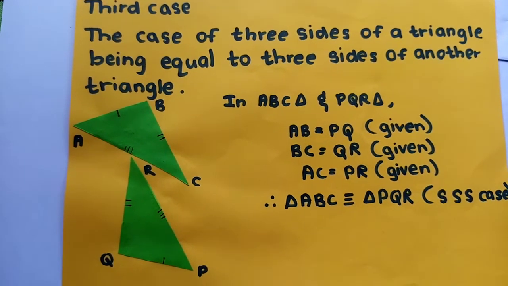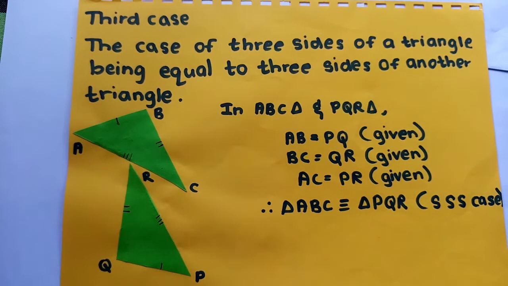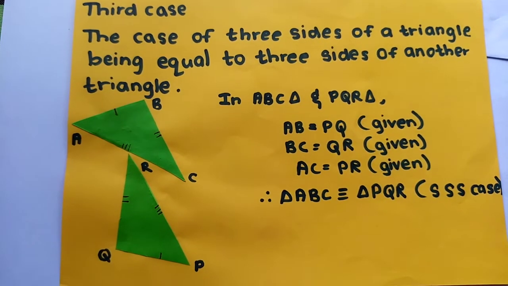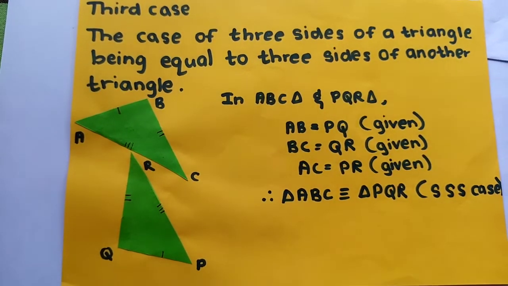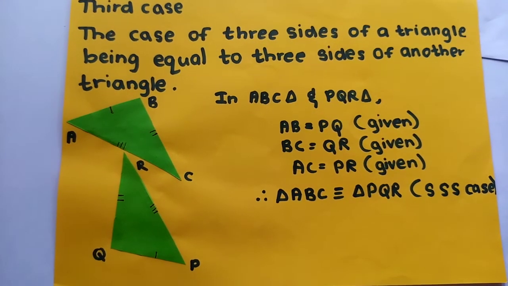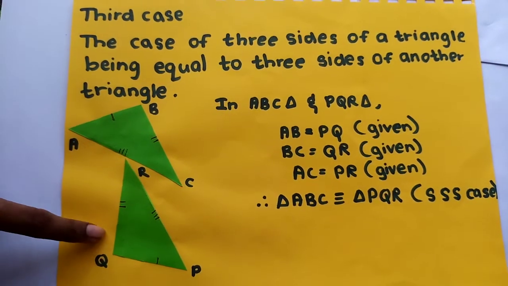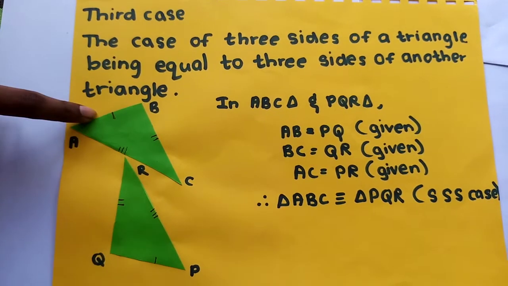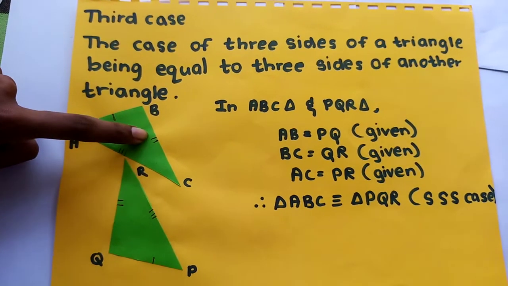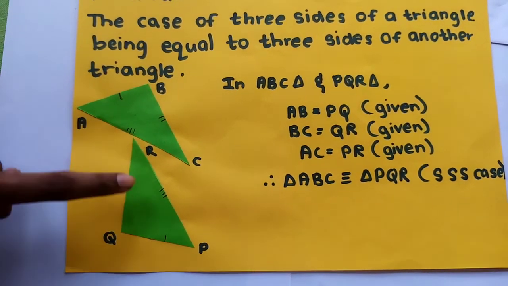Okay. The third case. The case of three sides of a triangle being equal to three sides of another triangle. We can decide those two triangles are congruent. See triangle ABC and triangle PQR. This AB side is equal to PQ and this BC side is equal to QR and this AC side is equal to PR.